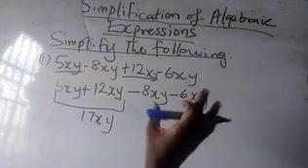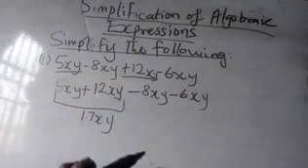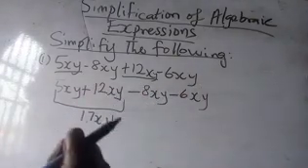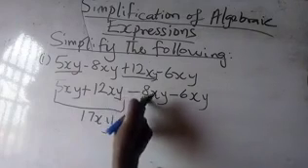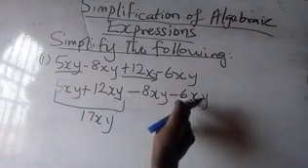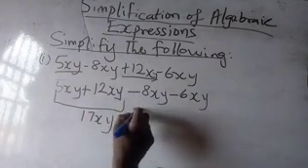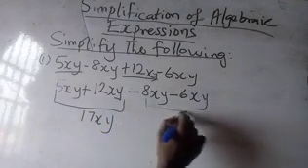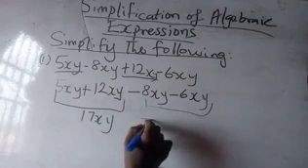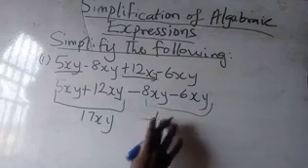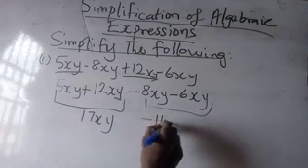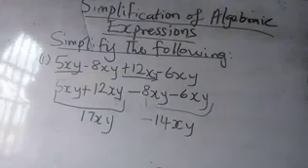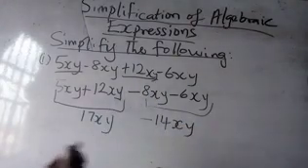Therefore, you put all your debt together, you add them together. So minus 8xy minus 6xy will give you minus 14xy.